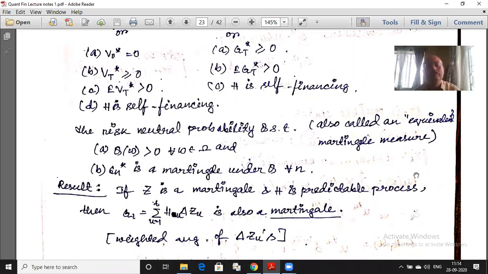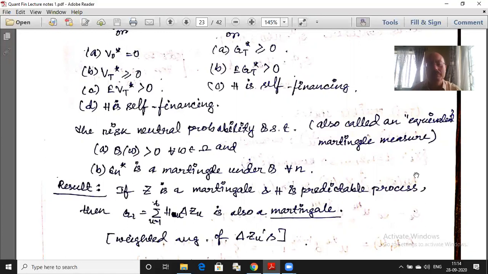I think some people last time asked me about the measure theoretic versions. No one?